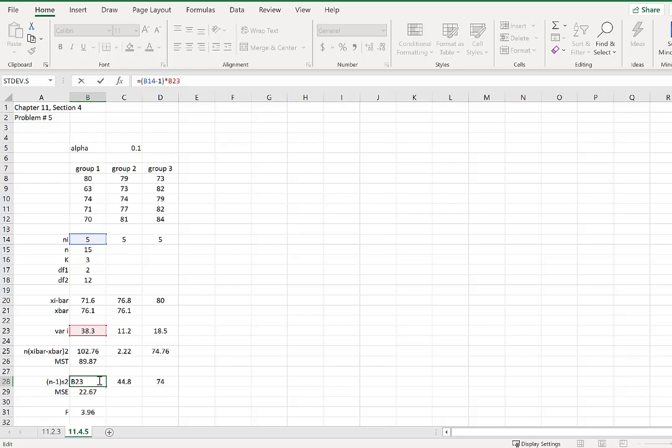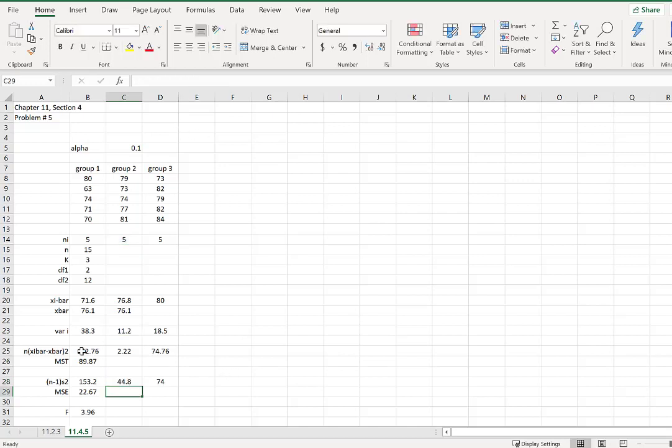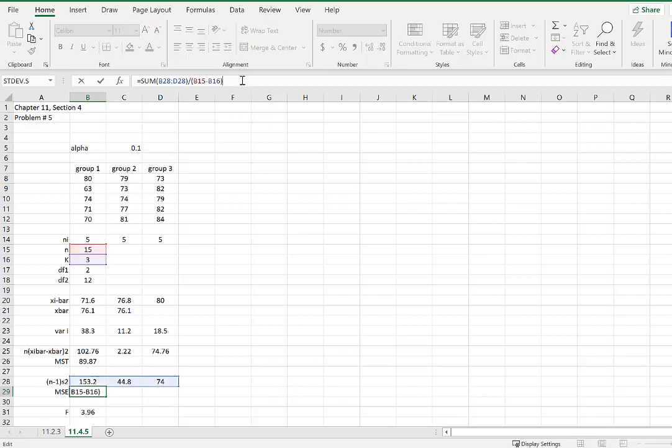Same thing for group 2. I took the sample size for group 2 and subtracted 1, so the blue, C14, minus 1, times the red, C23, which is the variance. And again, I did the same thing for group 3. Then to calculate the overall mean square for error, I sum across each of the terms, the sample size times variance terms, which was that row just above in blue.